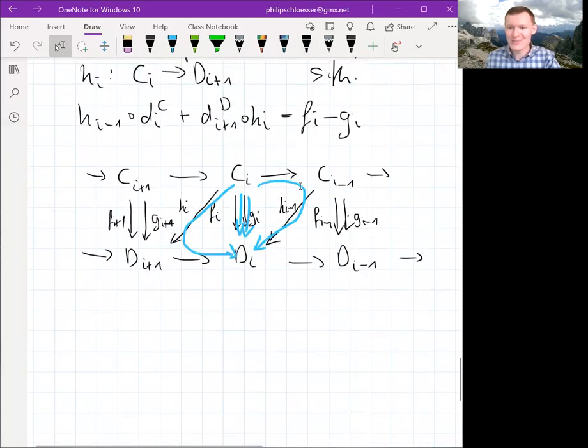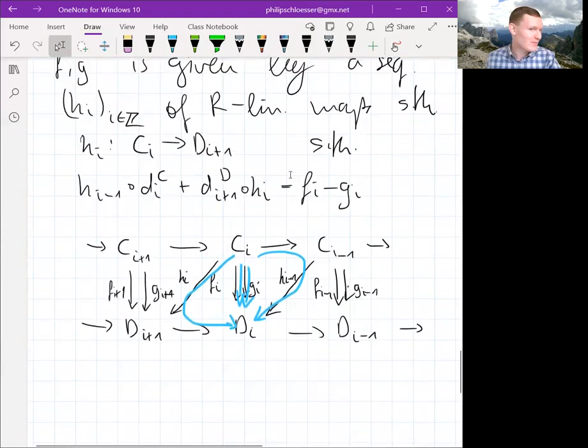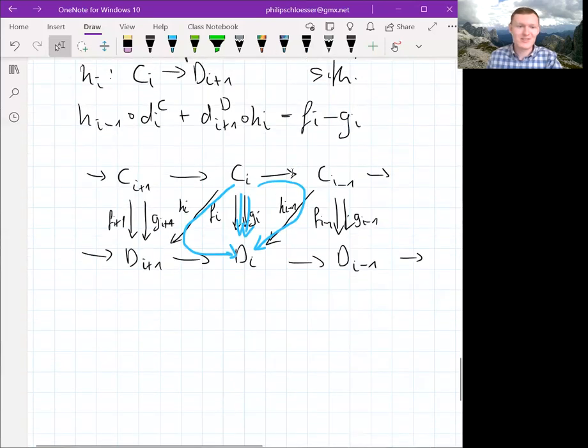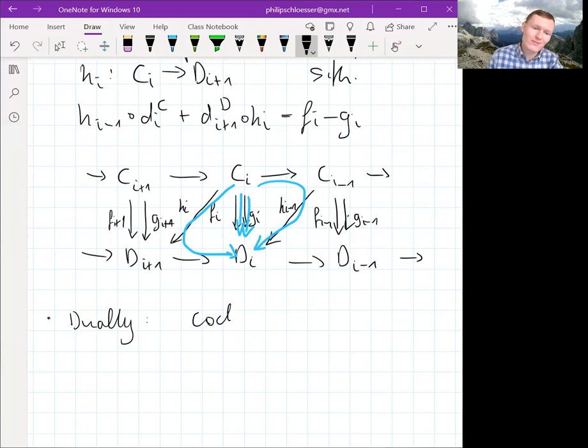So again, a notion induced by geometry or topology, and then carried over for all of those things. And dually, we can again define the notion of a co-chain homotopy.